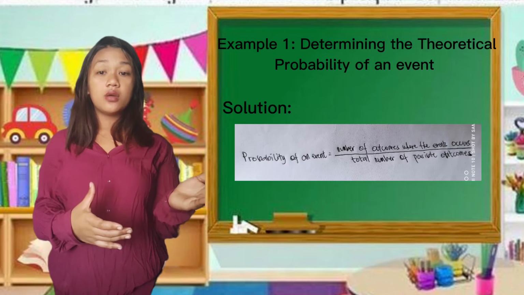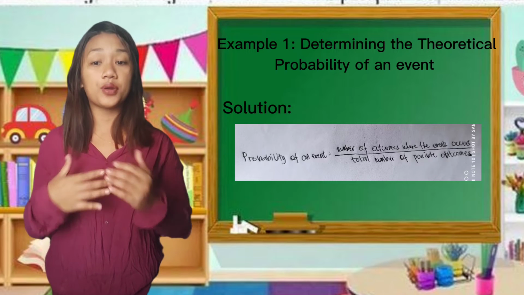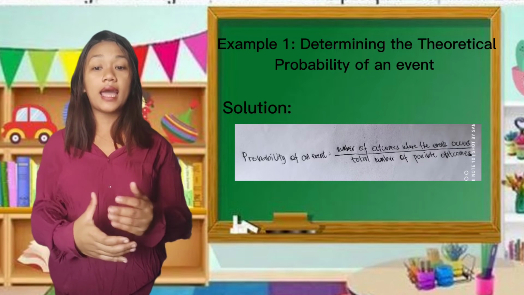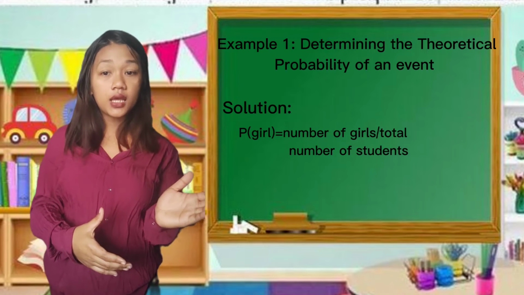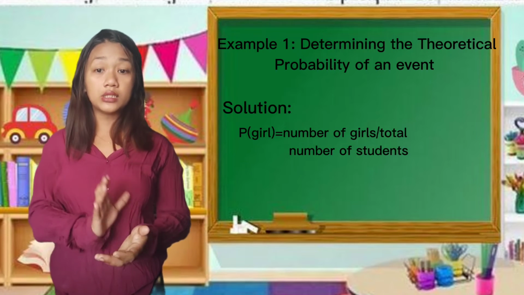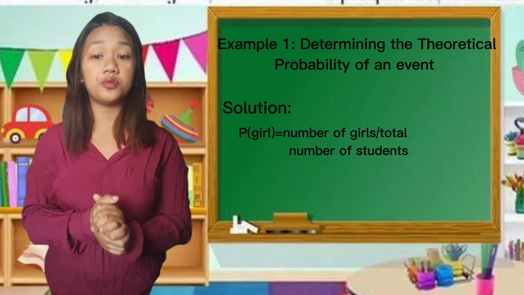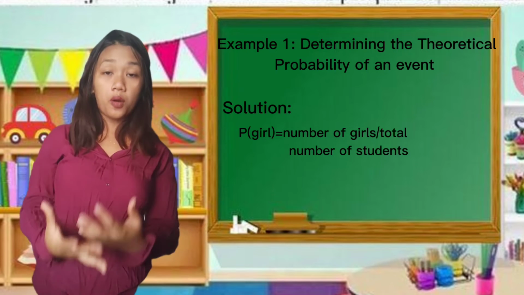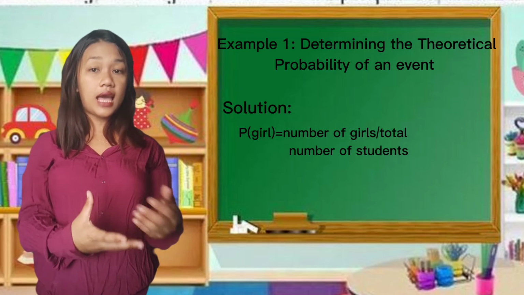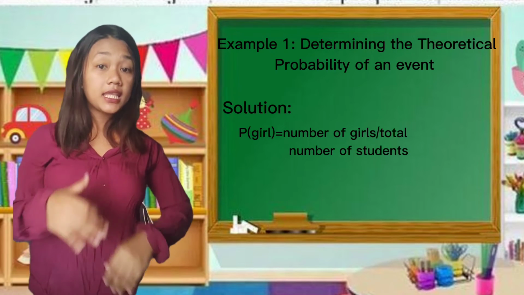We need to calculate the probability of selecting a girl, P(girl), which is the number of girls over the total number of students. As there are 18 boys and 9 girls, the total is 18 plus 9.